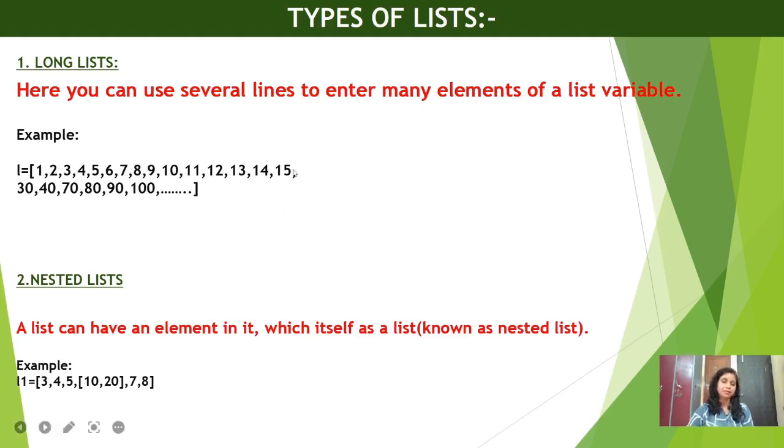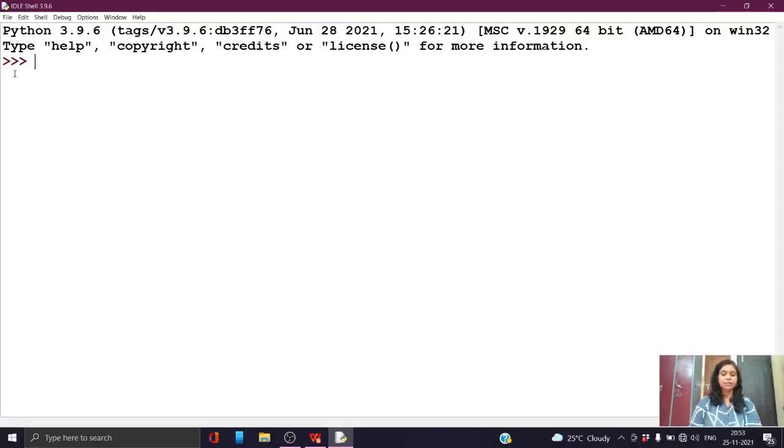Let us discuss both the concepts practically. That means how can we declare a long list variable, and how can we declare the concept of a nested list, right? Okay students, so let us discuss how you create a long list type of variable. Suppose L1 equal to square bracket start, then write the elements, suppose 5 comma 6.